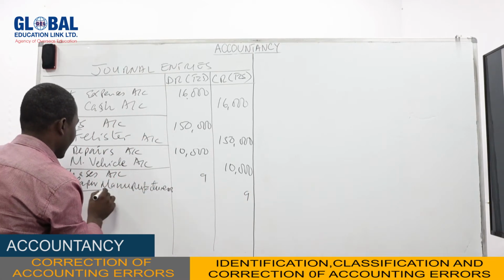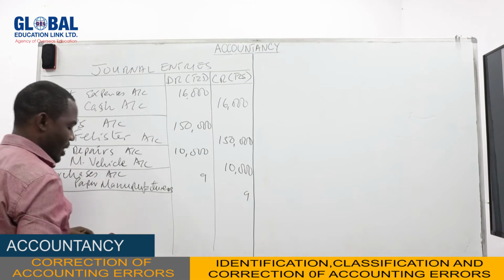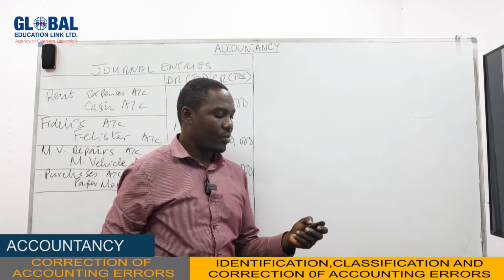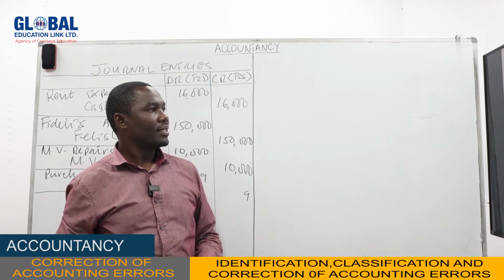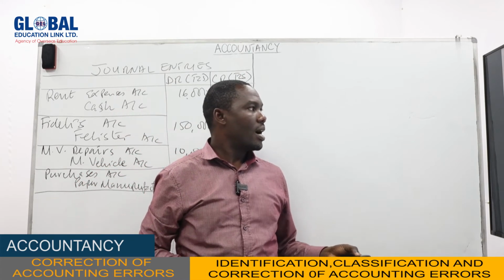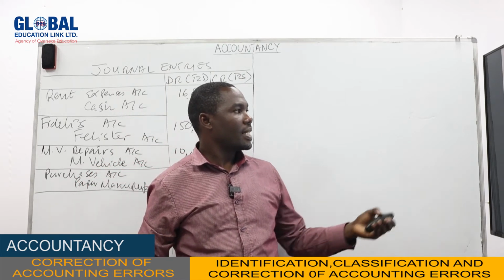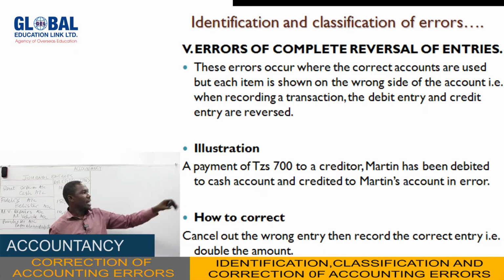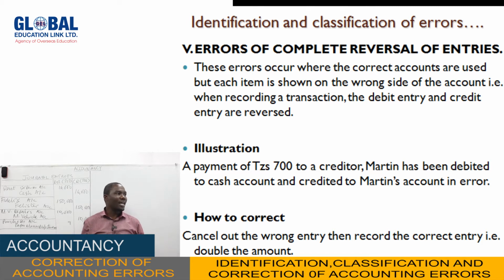So write the narration. What next? The next error is errors of complete reversal of entry. Why complete reversal of entry? So these errors occur where the correct accounts are used.